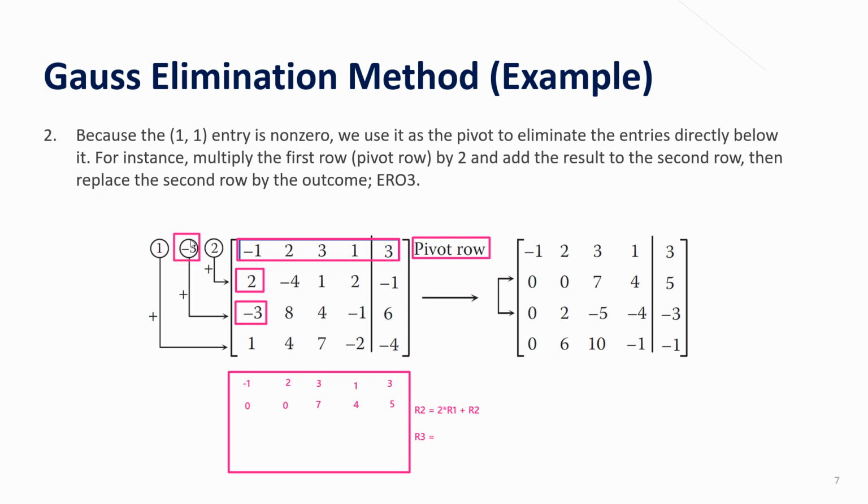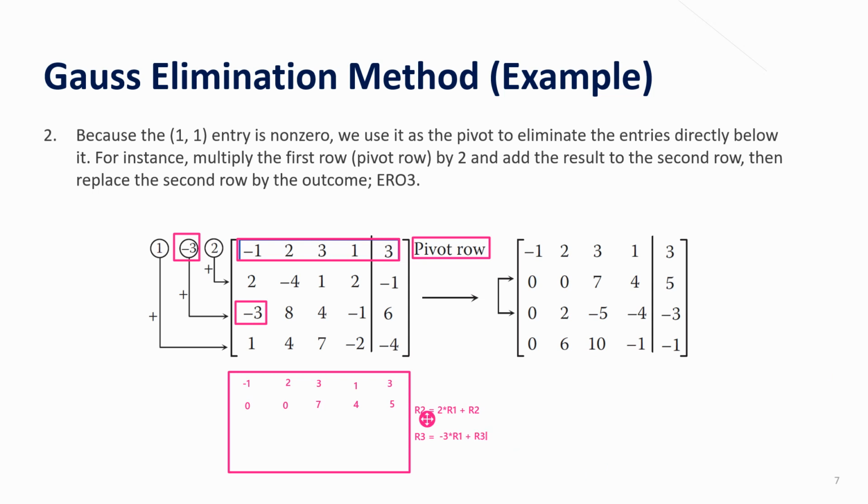Previously we multiplied by 2, now we multiply by minus 3. So row 3 will become minus 3 multiplied by row 1 plus row 3.